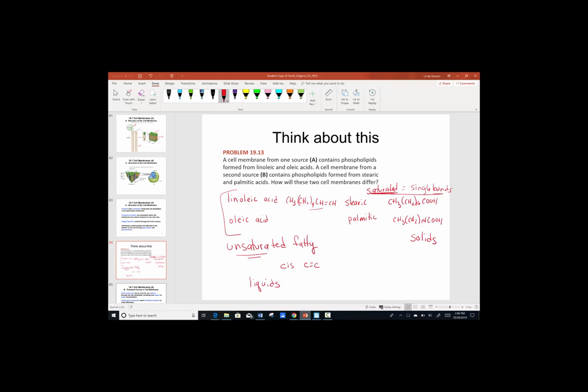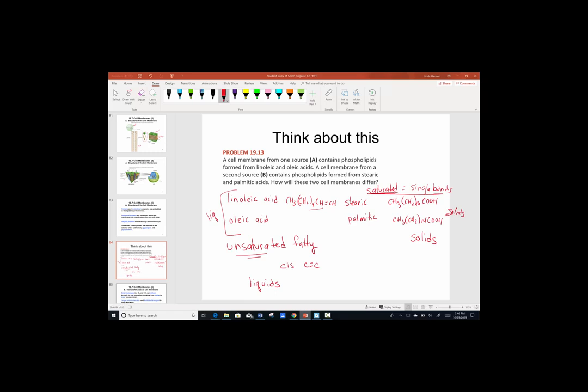So as I interpret this question, it's really asking me, what difference does it make if the phospholipids are liquids at room temperature or if they're solids at room temperature? How might these two cell membranes differ? And that eased into the answer a little bit, didn't it?